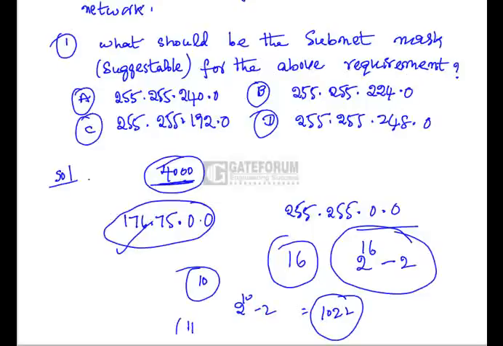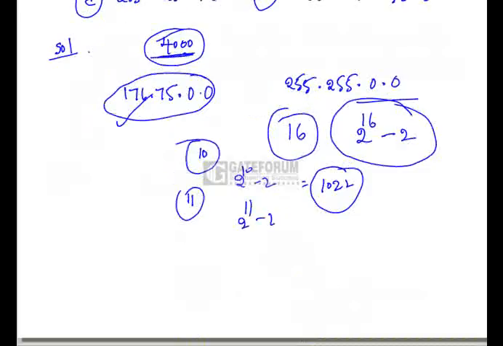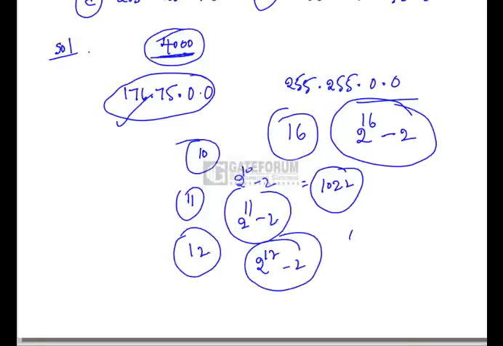Even if you take 11 bits, 2 power 11 minus 2 is possible. If you take 12 bits in the host part, 2 power 12 minus 2, that is 4 into 1024, so 4096 minus 2, 4094 hosts are possible.